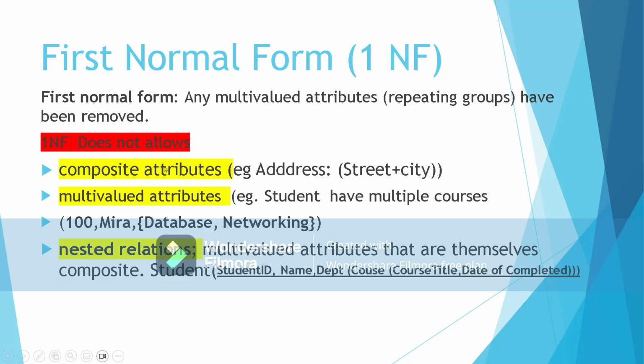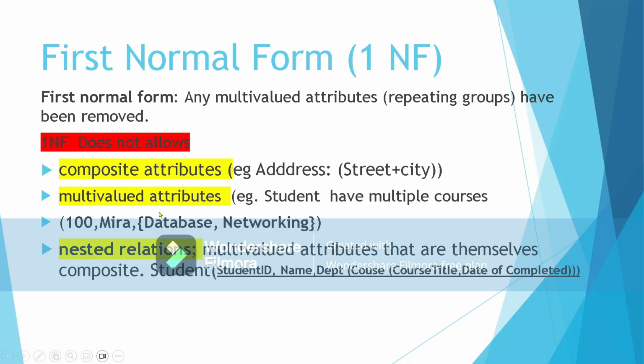So an example of composite attributes is address. Address contains the details of street also and city also. So these composite attributes will not be allowed in 1NF.